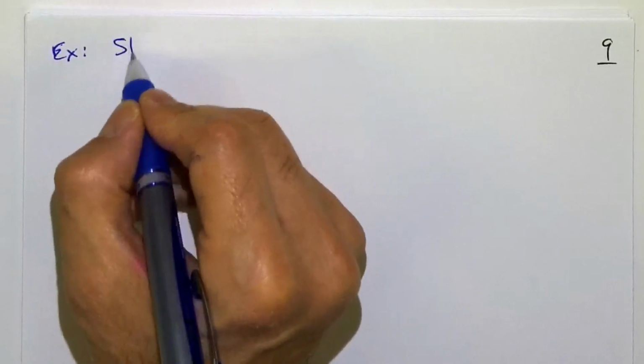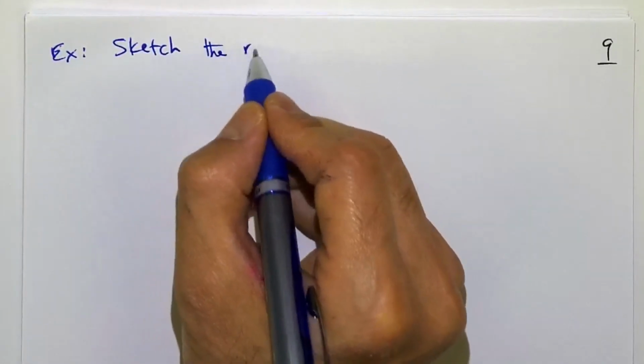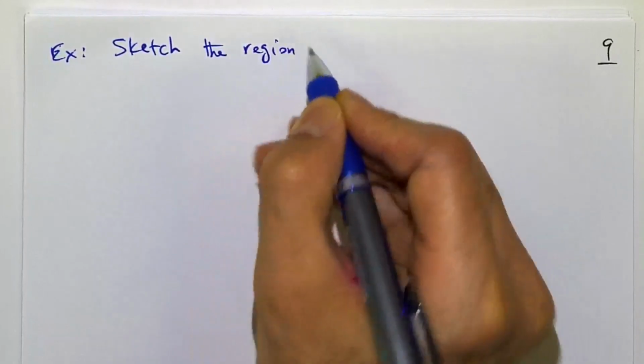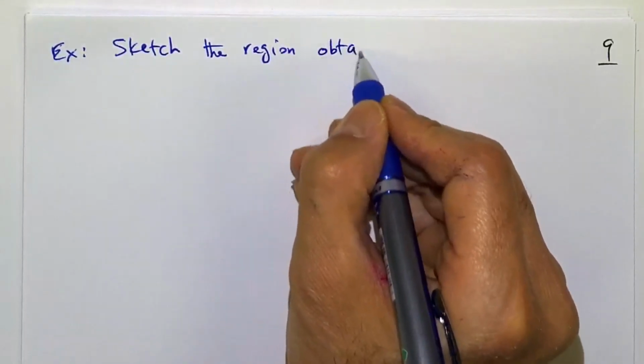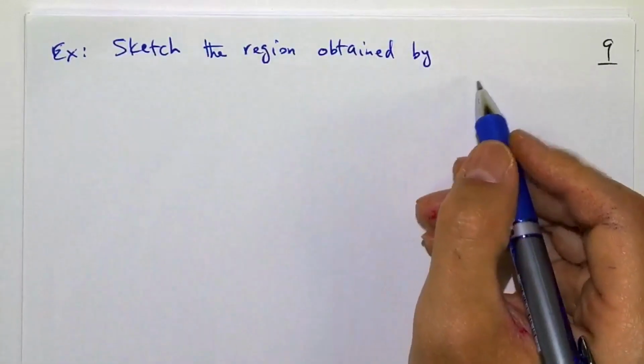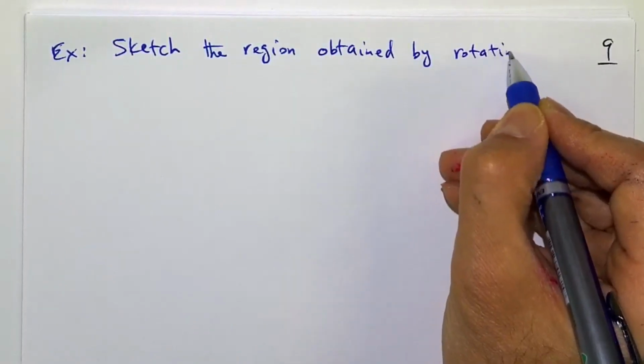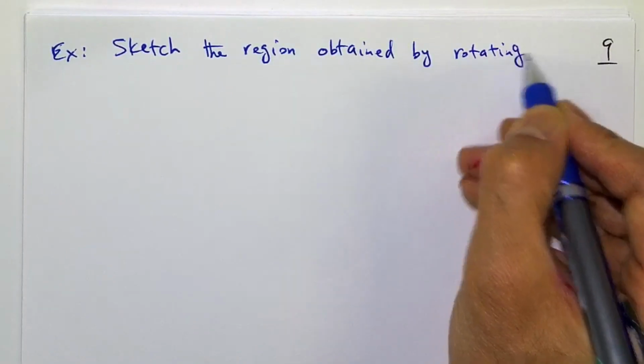In these problems, the first thing we want to do, just like before, is sketch the region. Even if the problem doesn't ask you, please go through this step. It's very helpful to setting the problem up correctly.